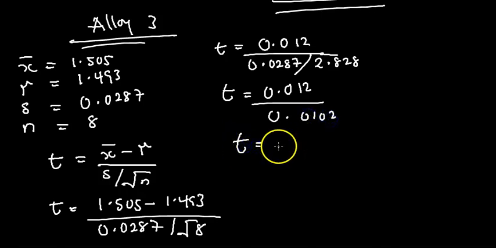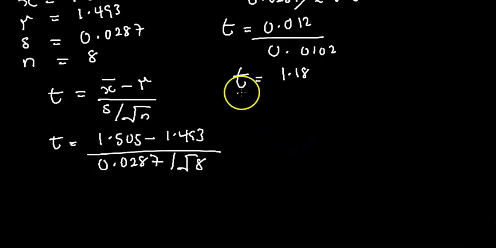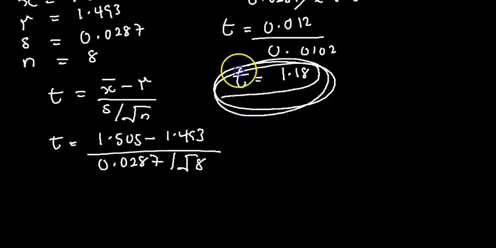Our t value here is simply going to be 1.18. This is what we get at the last, and that is the calculated value. The calculated value for alloy 3 is simply 1.18.